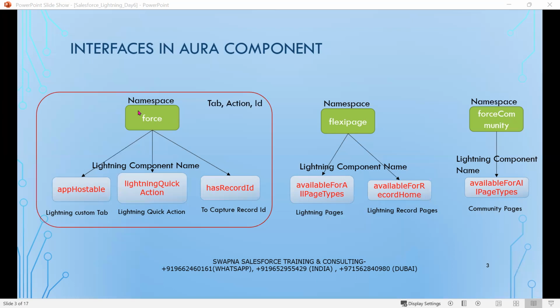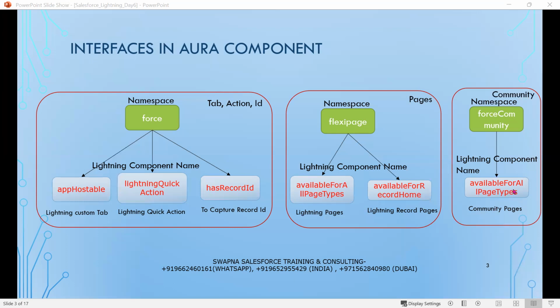So that means force has a tab action and to capture the record ID. Flexi page is related to page and force community is this namespace. What are the components we have? It's all related to the community.